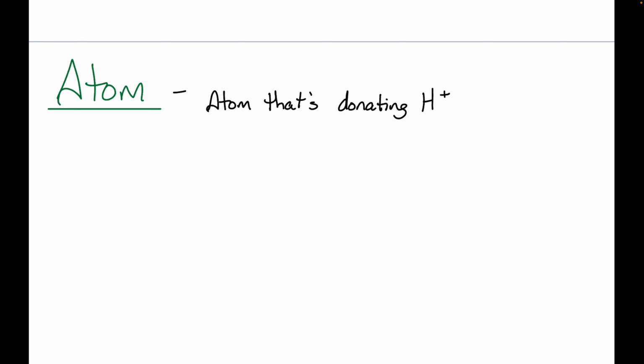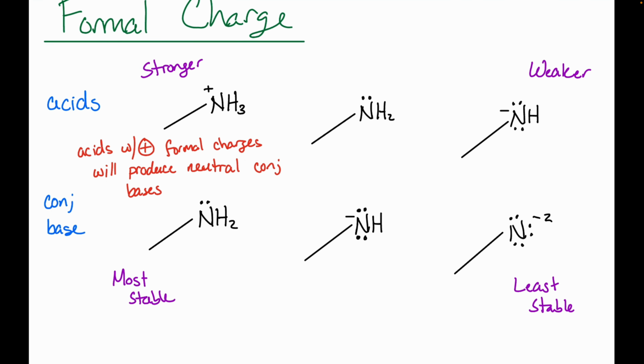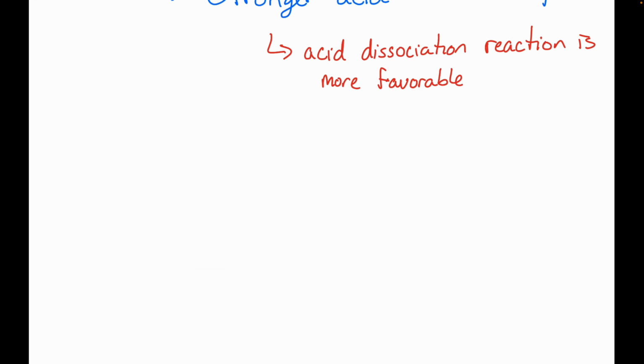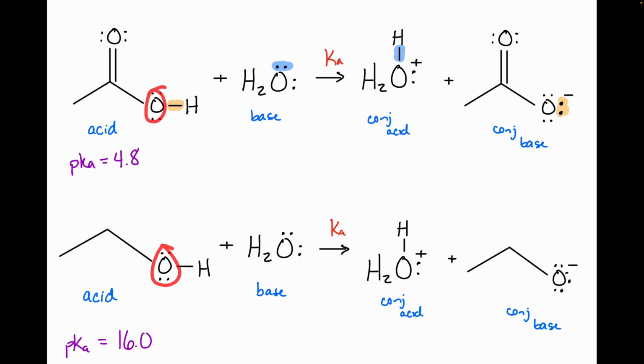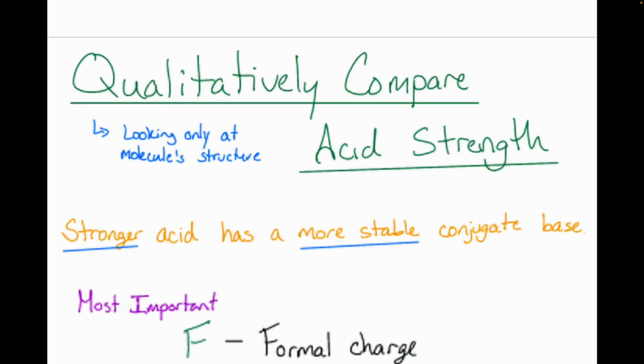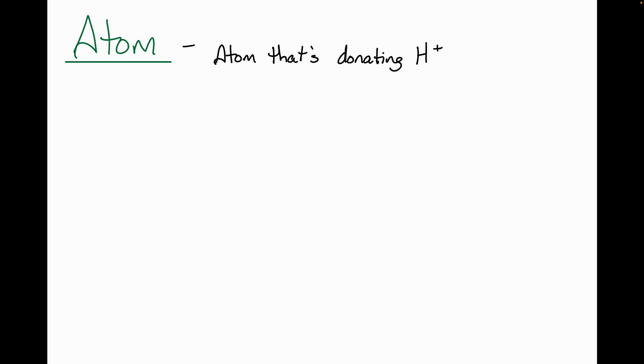So going back to our previous example that we just did, we would be talking about our nitrogen here. That's the one that's losing that proton in this reaction. And the ones that we did the whole chemical equations for, we were looking at oxygens. These were our atom that was donating our protons here. So it turns out that certain atoms are better at donating protons than others.